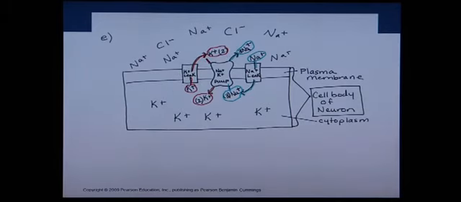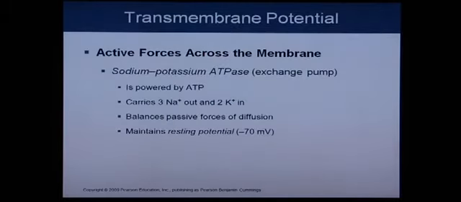So this is a constant pumping process going on all the time to try to maintain those concentration gradients and keep us at negative 70 millivolts. The sodium-potassium exchange pump is powered by ATP and will carry 3 sodiums out for every 2 potassiums it brings in. This balance will help us to maintain our resting potential at negative 70 millivolts.